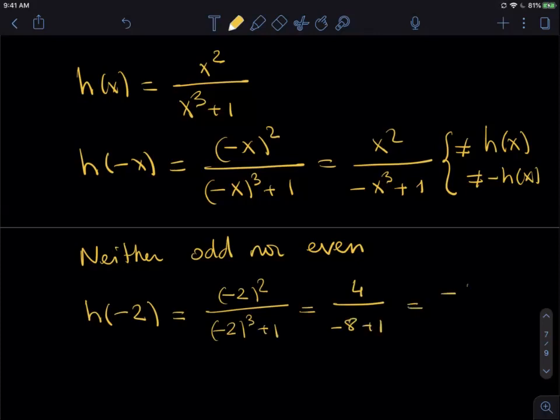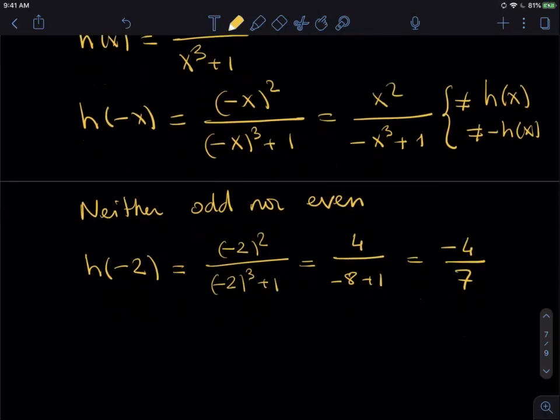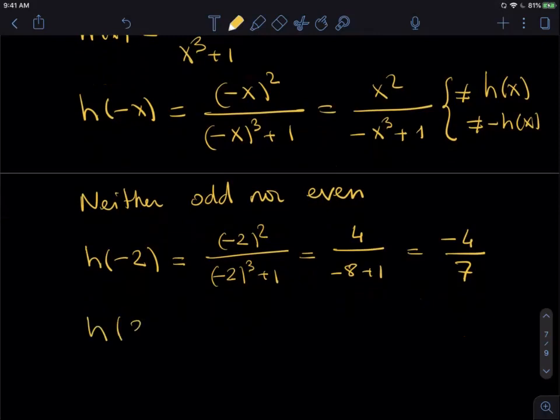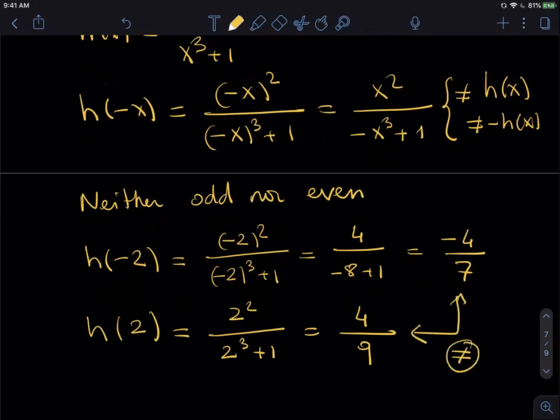So this is minus 4 divided by 7. On the other hand, if I put h of 2, this is 2 squared divided by 2 to the power 3 plus 1. So this is 4 divided by 9. And these two are clearly different. Okay, so what we said, neither odd nor even.